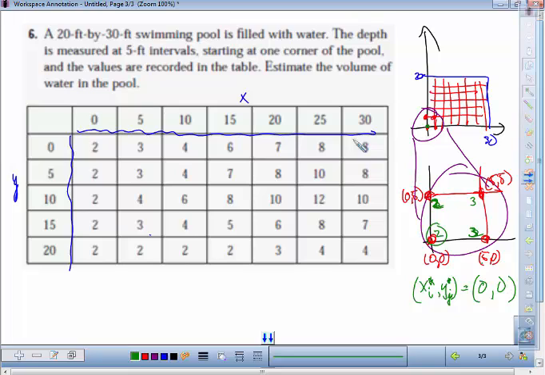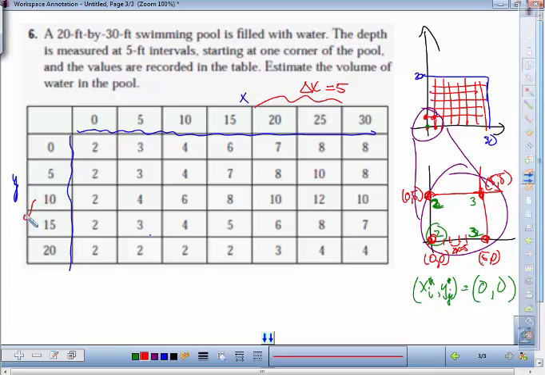I should have talked about the partitions first. I mentioned the partitions, but I didn't identify them. What's the partitions going to be? What's the delta x going to be? These things are moving in increments of 5, right? So delta x, we could just see it over here, delta x is equal to 5.